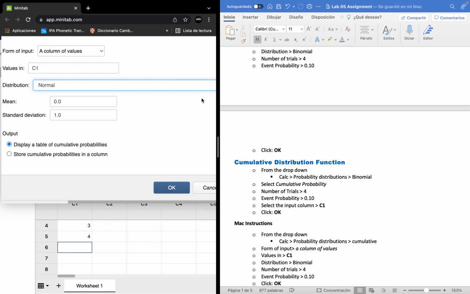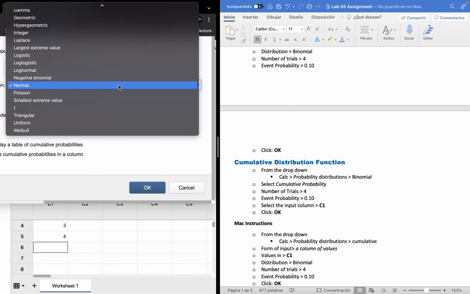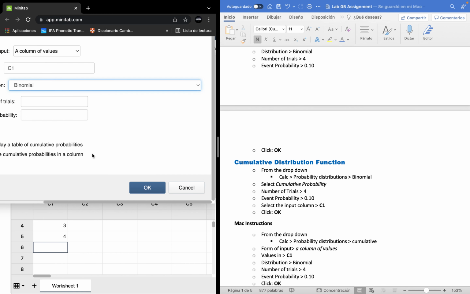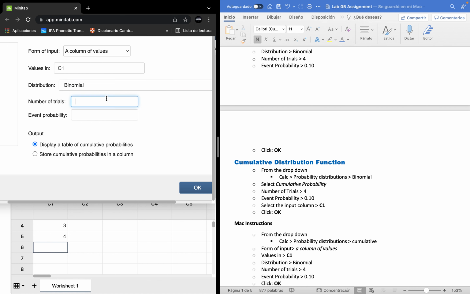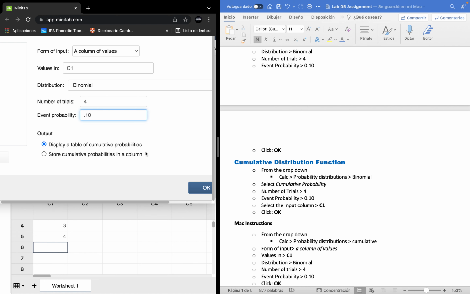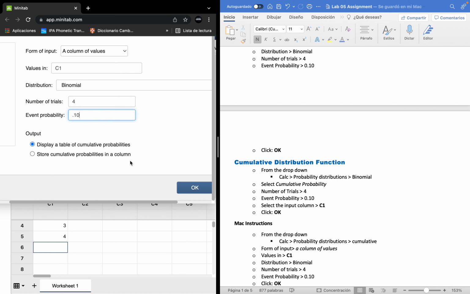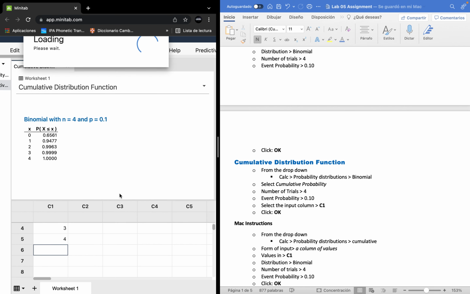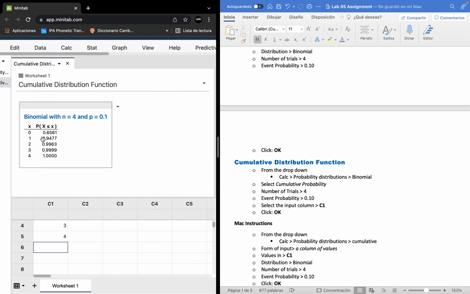Distribution, choose Binomial. Number of trials, we are still with the same problem, so n is equal to 4 and the probability is 0.10. Display the table of cumulative probabilities. It's exactly the same as before, but it only shows cumulative probability. Then click OK.